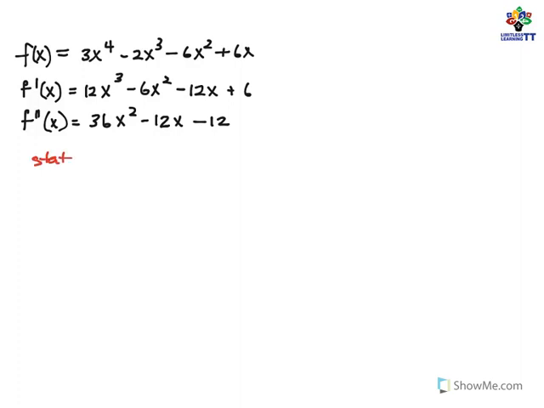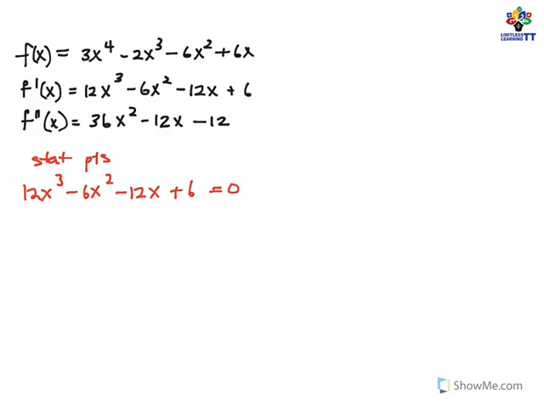So stationary points will occur when your first derivative, that is 12x cubed minus 6x squared minus 12x plus 6, is equal to 0. Now, the first thing that I would probably do is look to see what is in common between all of these, which is the number 6. So I would actually just divide by 6.